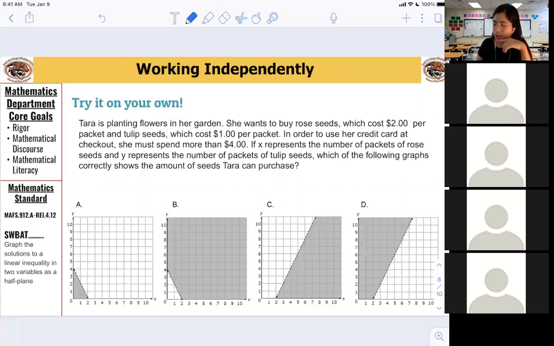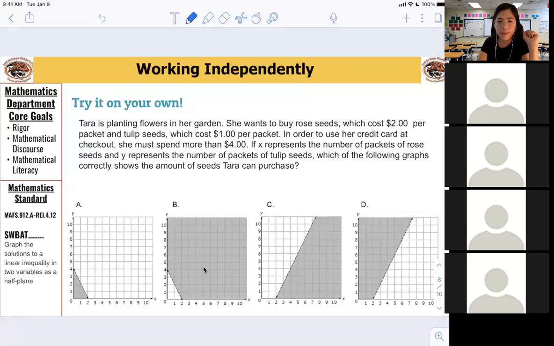All right. If you haven't put your answer yet, go ahead and put it in. Pick the best one in 10, 9, 8, 7, 6, 5, 4, 3, 2, and 1.